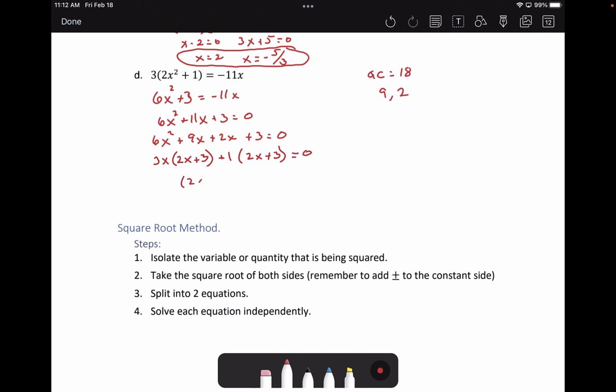We'll factor out those parentheses, and we're left with 3x plus 1 equals 0. Again, we'll set each factor equal to 0 and solve these equations. Here, x is equal to -3/2, and x is equal to -1/3.